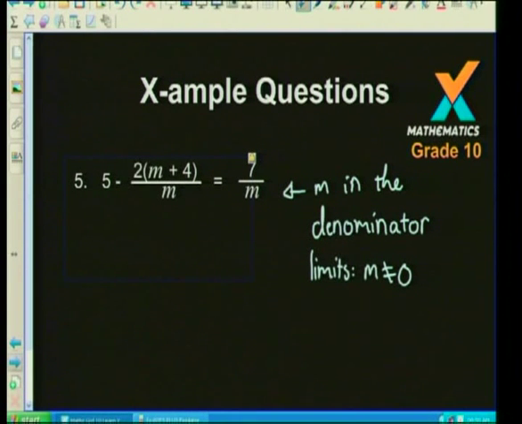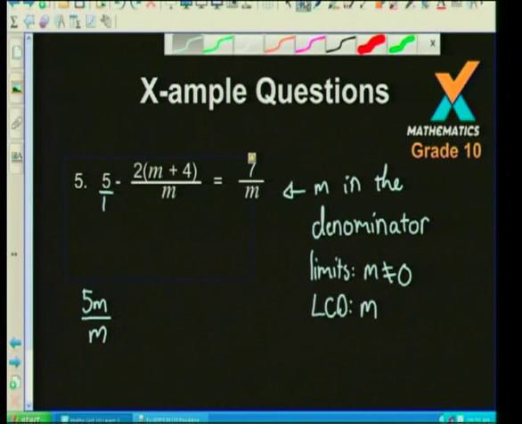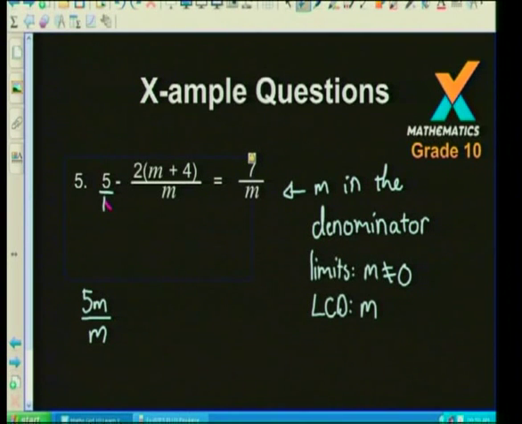Let's move on. Now, the next thing we need to do is to find a lowest common denominator. If 5 is over 1, and the other two fractions are over m, our lowest common denominator is going to be m. So what we need to do is change 5 over 1 to 5m over m. How did that happen? Well, in order to change 1 to m, we've got to multiply the 1 by m.